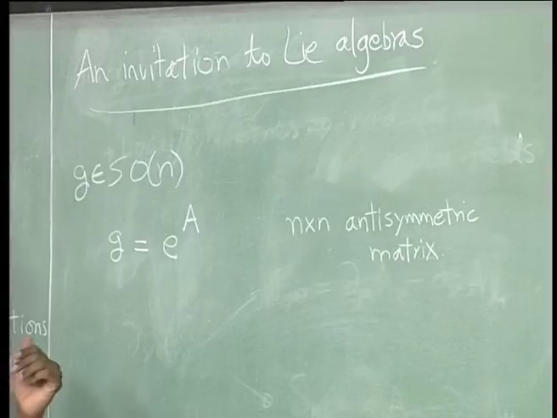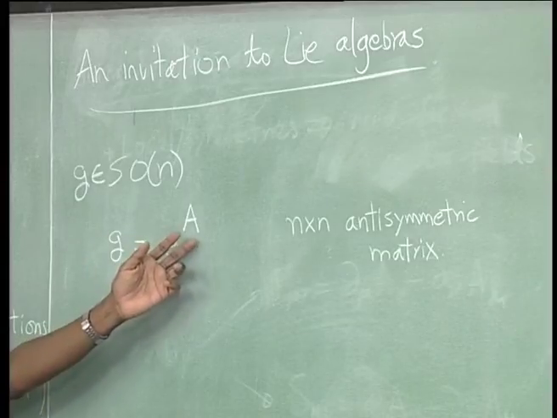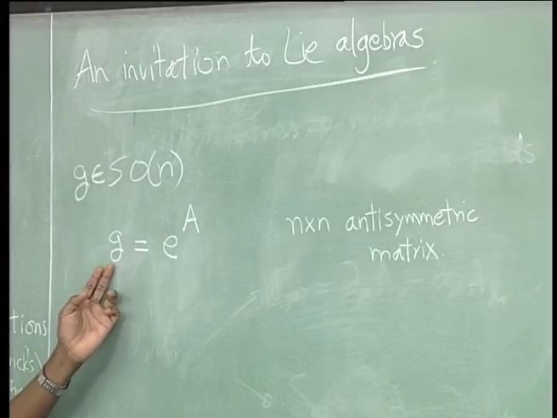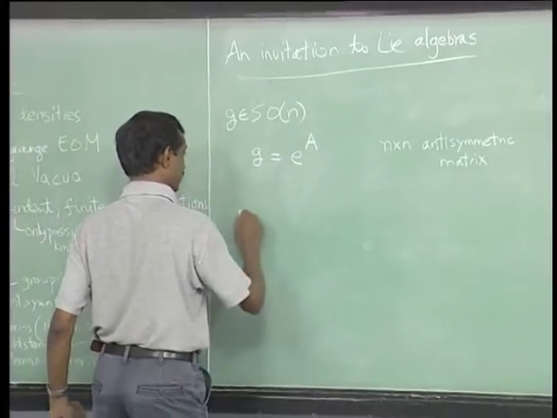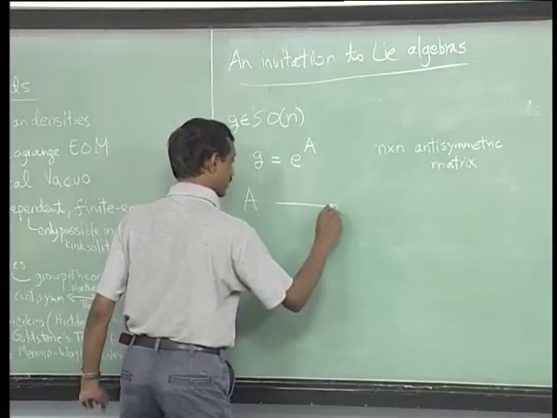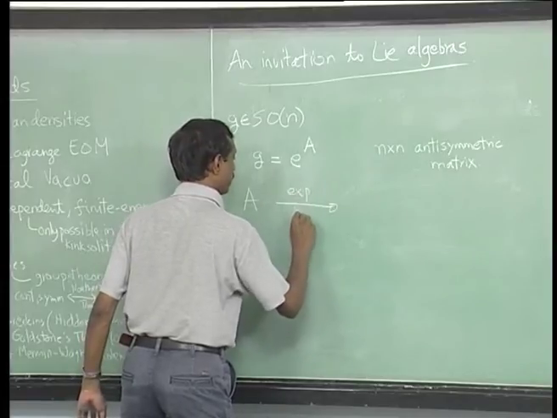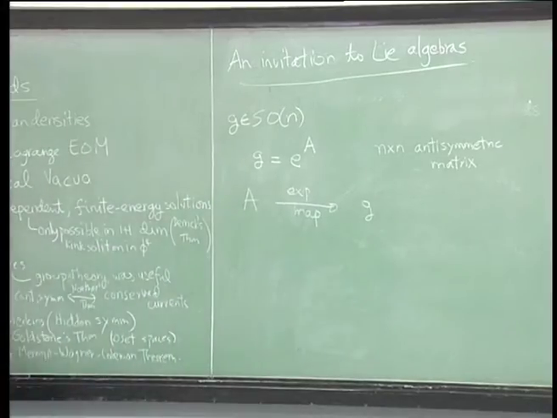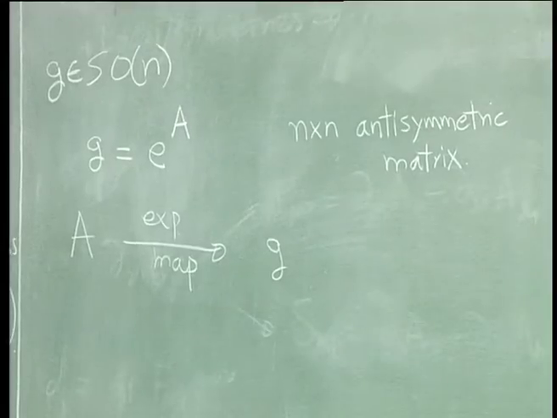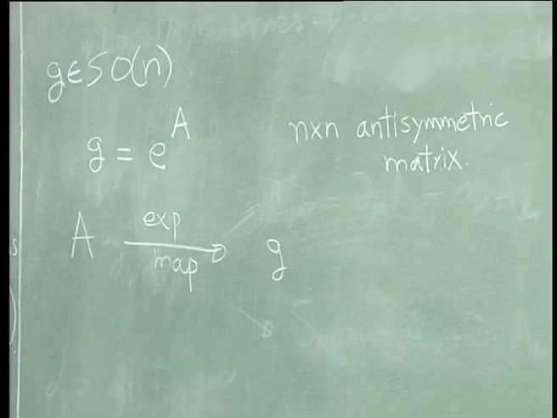If you give me an SO(N) matrix, I can get the antisymmetric matrix by doing the inverse. So there is this, and there is the exponential map which gives you the group element, and there are some features of A which are not there in G. If I gave you two group elements and asked you for their composition rule, it is pretty complicated.